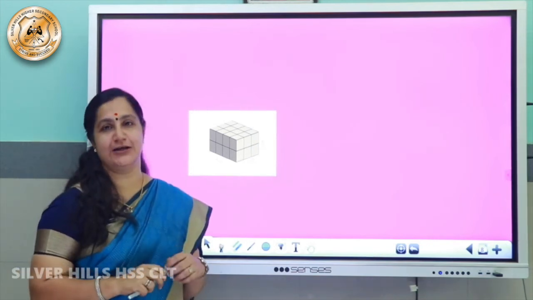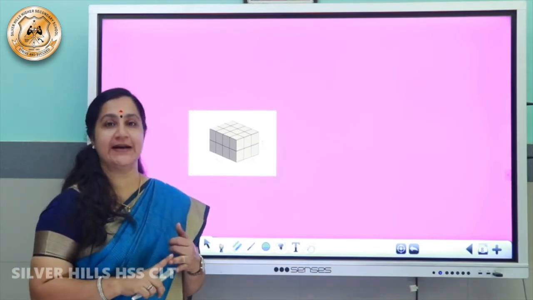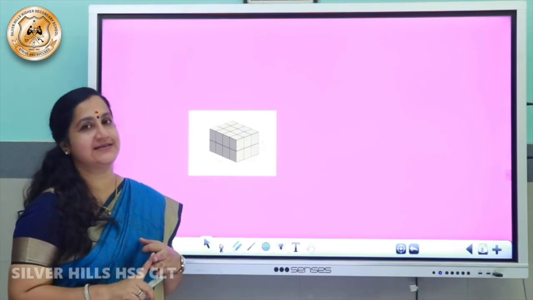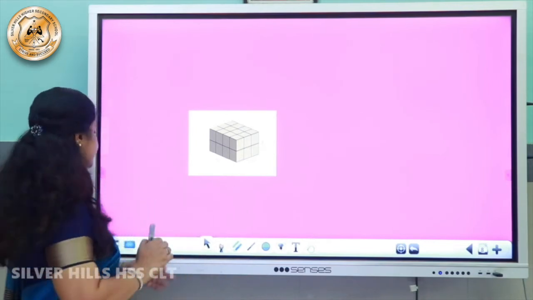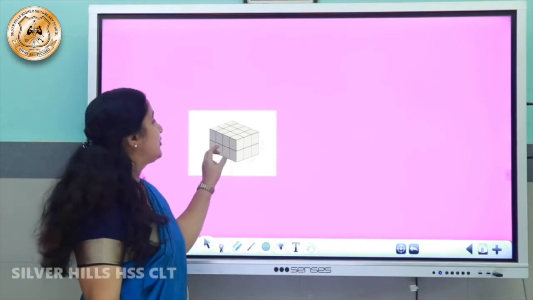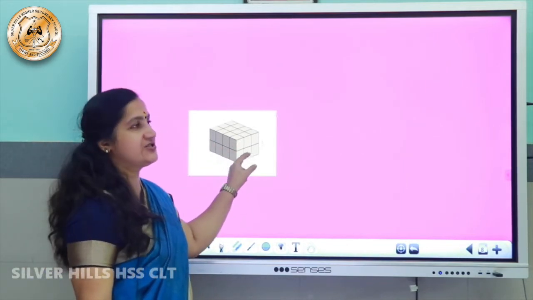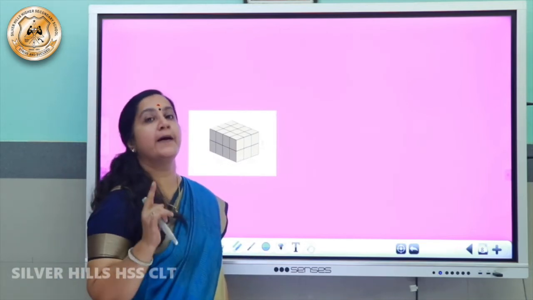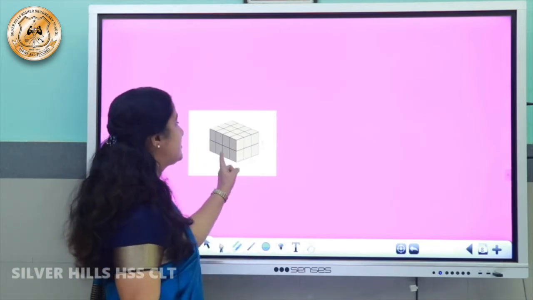A rectangular block in which length, breadth and height are equal, we can call it a cube. So, here in this figure, cubes are arranged. That cube has length 1, breadth 1, height 1.